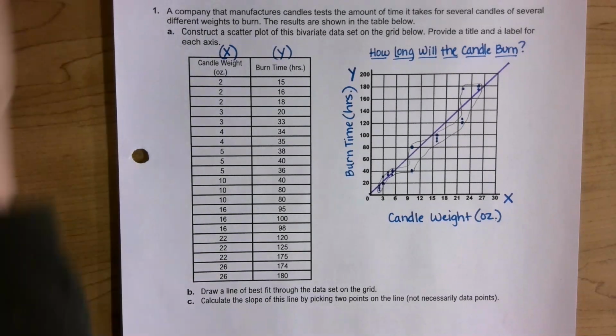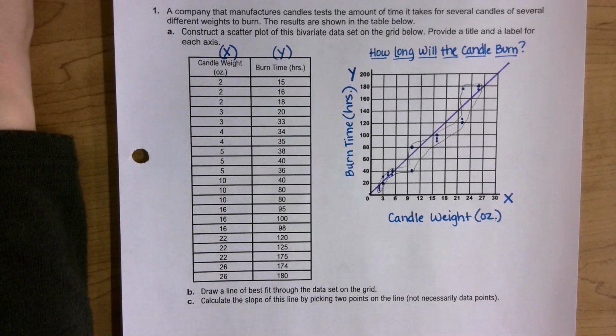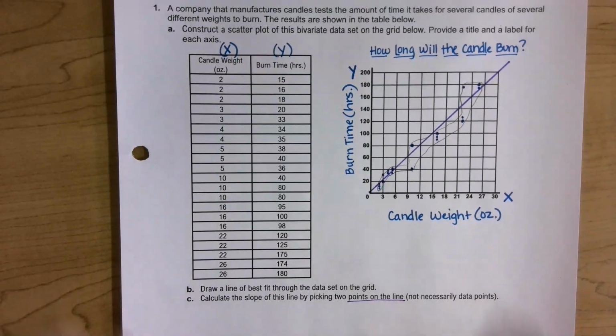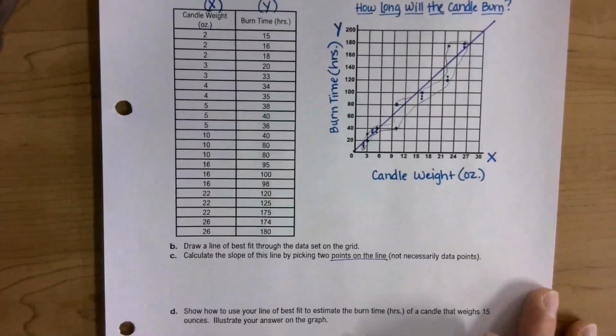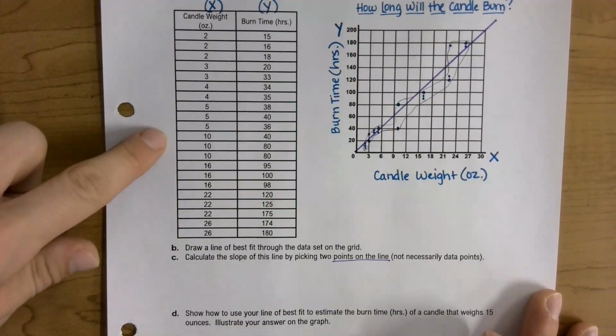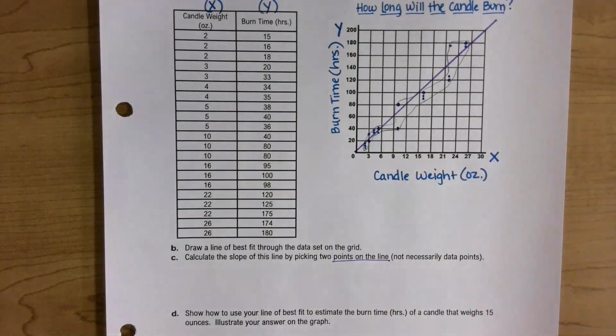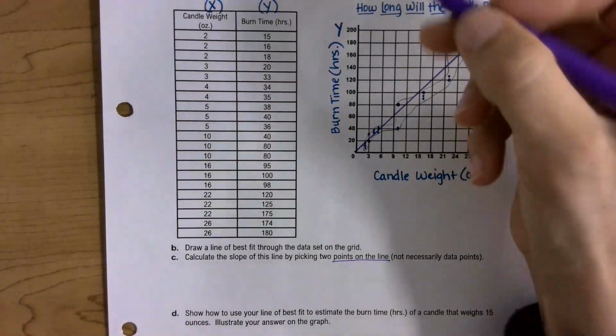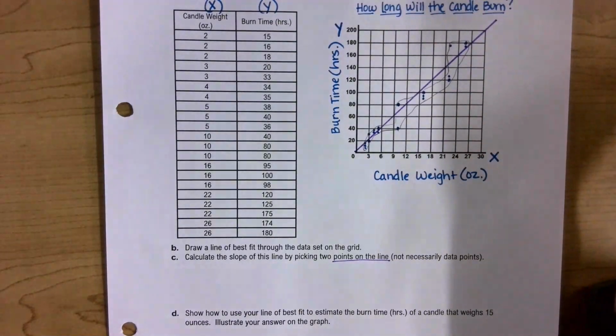you can. All right, then for C, you want to calculate the slope of the line by picking 2 points on the line. So we don't want to use the data points necessarily from our table and from these points I plotted. It needs to be on the line. So I like to choose points that are as close to being exact as I can. So I try to find ones on the corner of the grid.